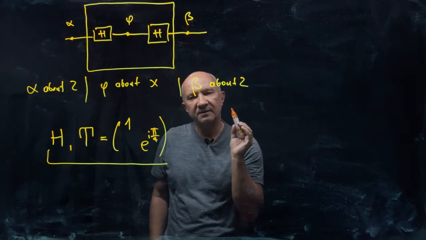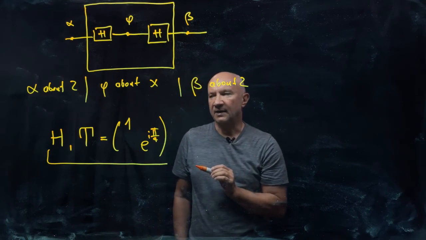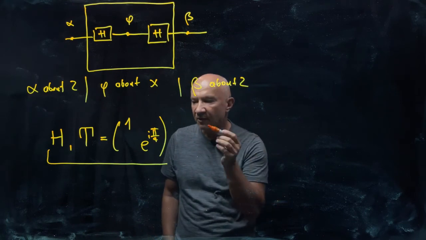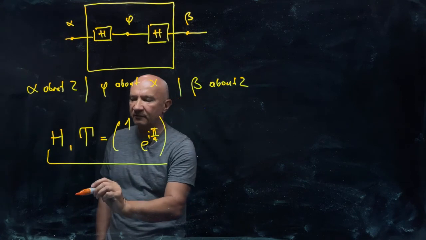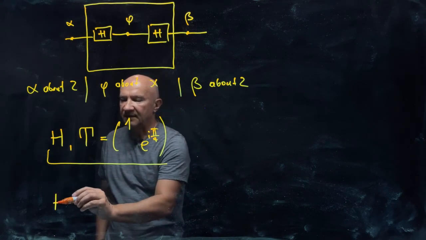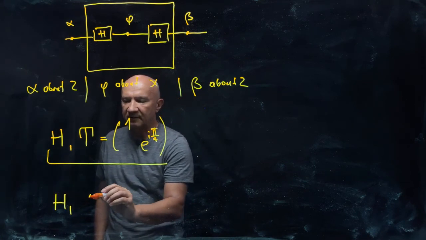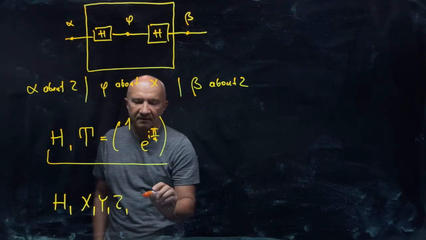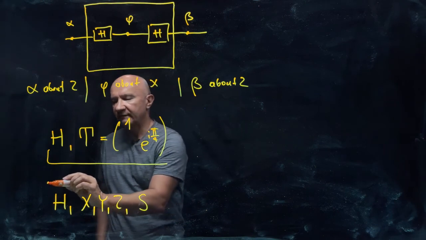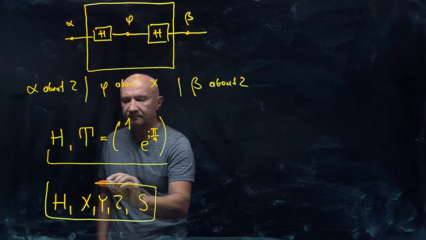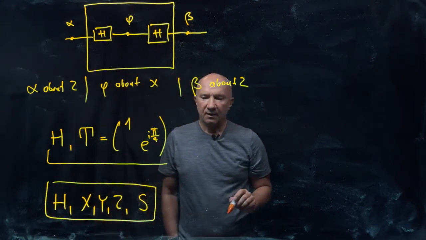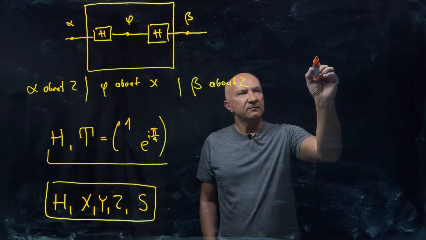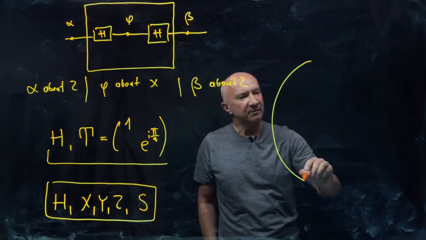It's interesting also to look at the set of gates which will not allow you to do this. If you only consider the Clifford gates, the Hadamard, all the Paulis X, Y, Z, and the S gate, then look at how this set acts on the Bloch sphere.